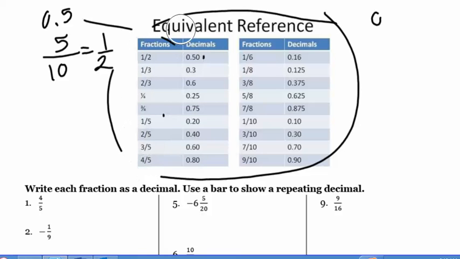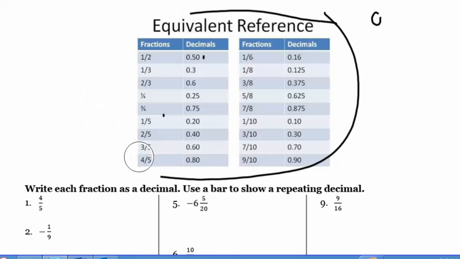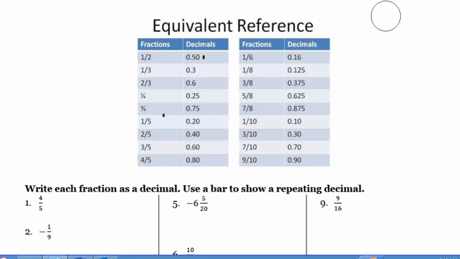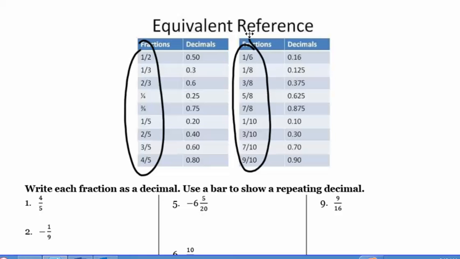Now, one thing I want to point out with this equivalent reference, these are common decimals to fractions, fractions to decimals that you do need to know. You're going to realize you're a little bit more familiar with them at this point since we went the other way around last time. So make sure you know these fraction to decimal equivalents very quickly.